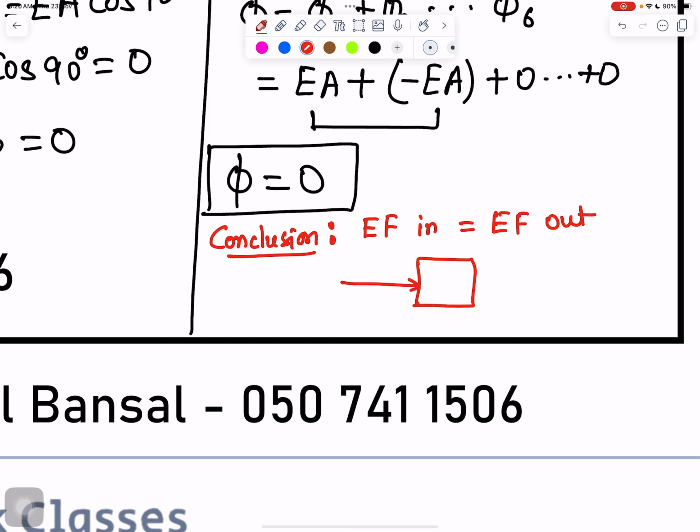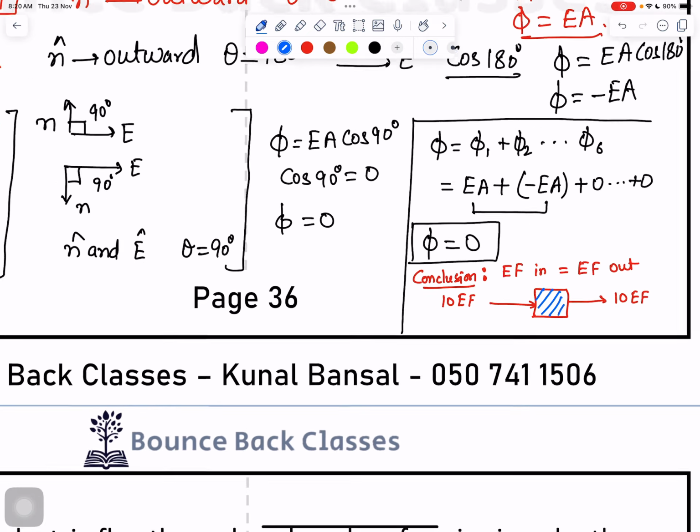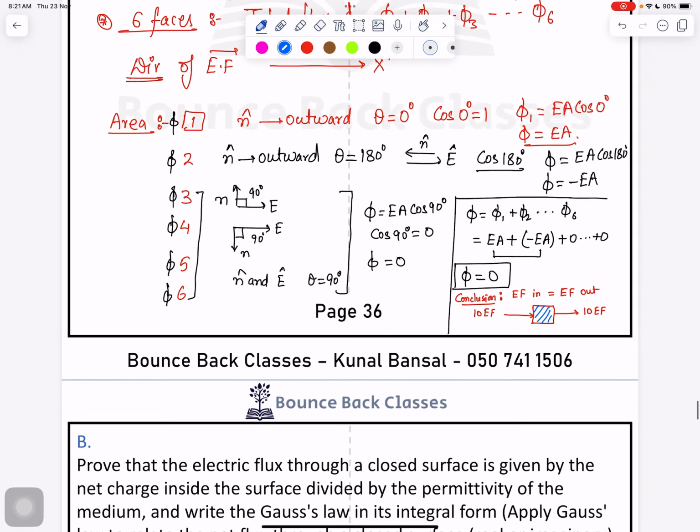Let's say 10 lines of force are going inside the surface, and how many are going out? 10 lines of force are going out. It means inside you have nothing. Clear? So this is the real understanding. So there is no net flux. Okay guys?